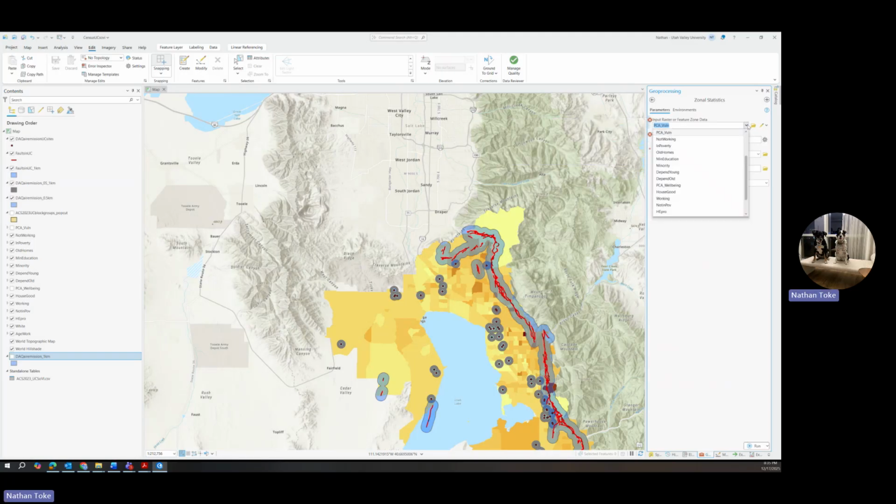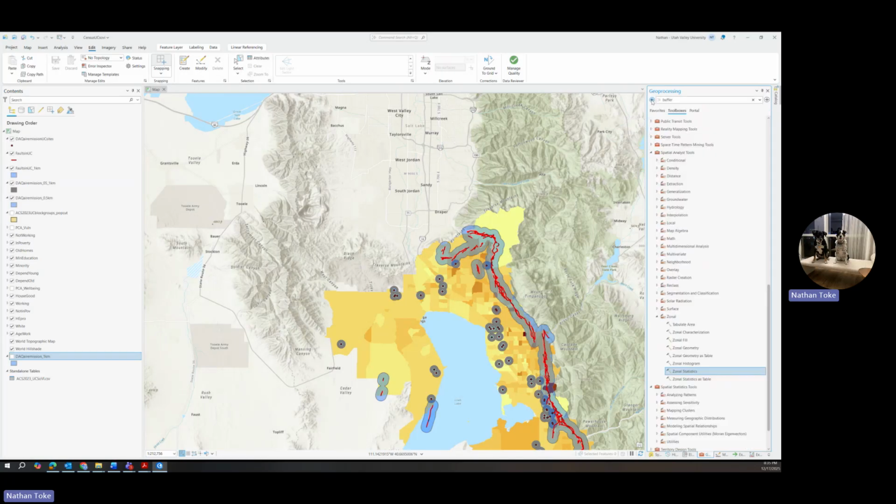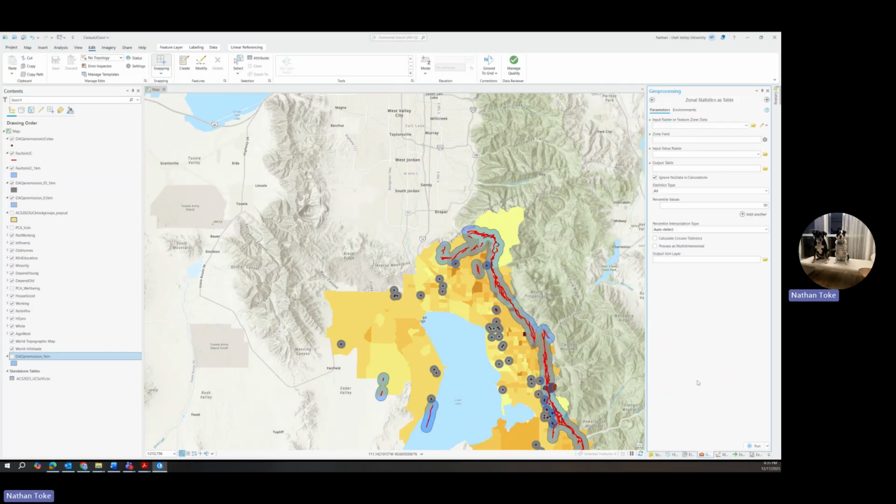Oh, the feature zone data. Sorry, I'm going the wrong direction. The input raster value. Okay, so the buffer is what we want here. Students and I often get this confused. So you can use zonal statistics on rasters or features. And actually, I've gone to the wrong thing. So we actually want zonal statistics as a table that we could then append to the feature data.